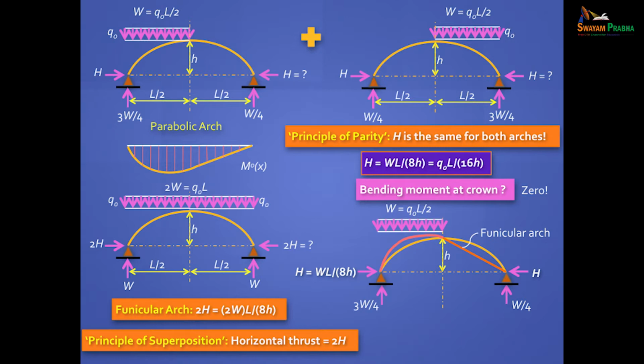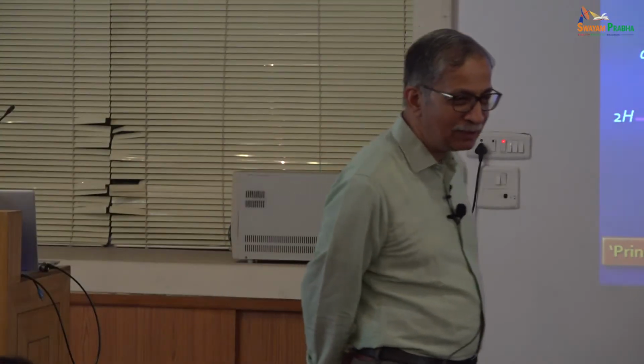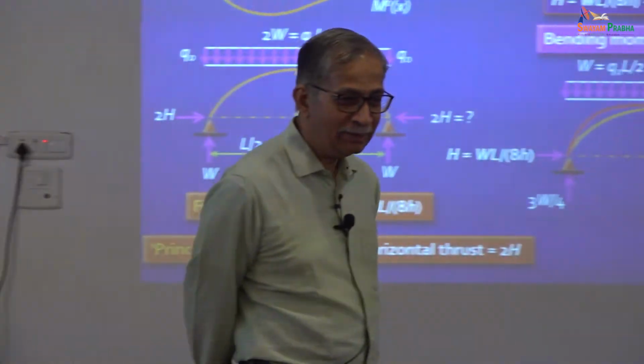Will the horizontal force for the orange arch which we just added and the original arch for this loading, for the same rise of arch H at the crown, be different or same? You guys should go back to the Stone Age.